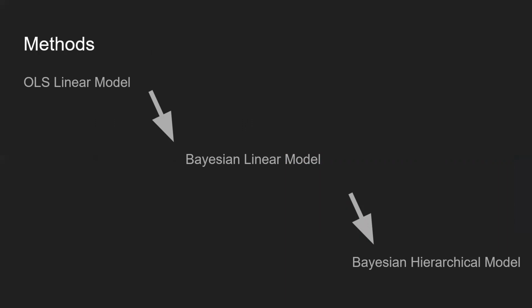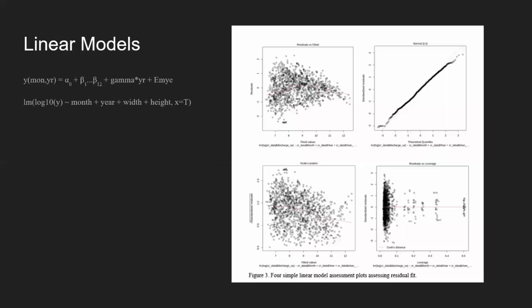We then move to a Bayesian linear model as a Bayesian approach, and while it gets a lot of what we're looking for in terms of looking at different variables by time and by width, by height, for example, it's really difficult to also think about location site, because these different gauges that we measure will depend on where they are, and the discharge will depend on where they are, and that's a really important aspect of building a well-fitted model. So in the end, we present a Bayesian hierarchical model.